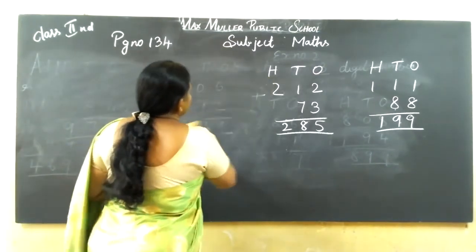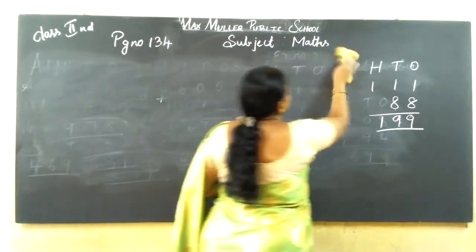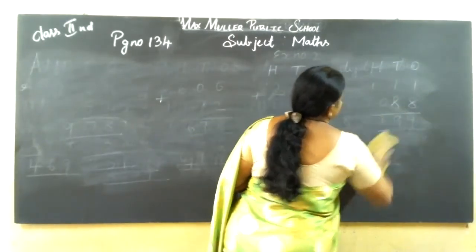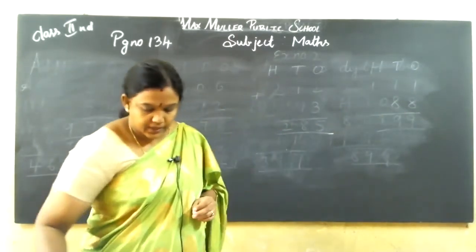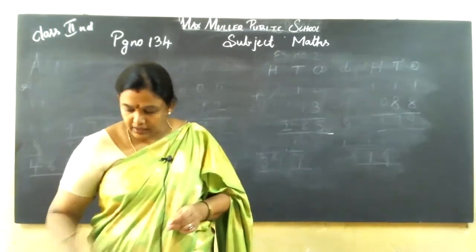Now we will go to exercise number 3. Before exercise number 3, we will do example 1. That example you want to write in the rough note.